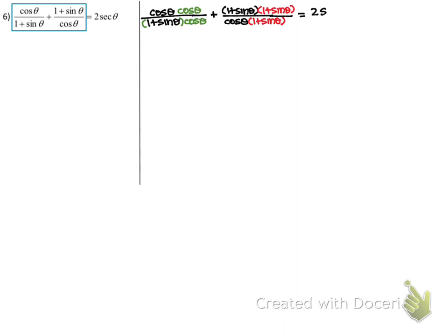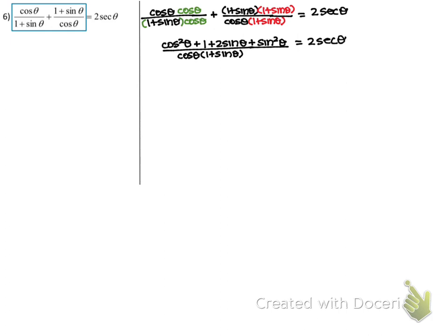And then always carry down the right-hand side. I'm trying to get 2 secant theta. Okay, let's do some math. Denominators match, so let's pull them together. So this is going to be cosine theta, 1 plus sine theta. That's going to give me cosine theta times cosine theta is cosine squared theta. Let's multiply this out. It's going to be 1 plus 2 sine theta plus sine squared theta equals 2 secant theta.